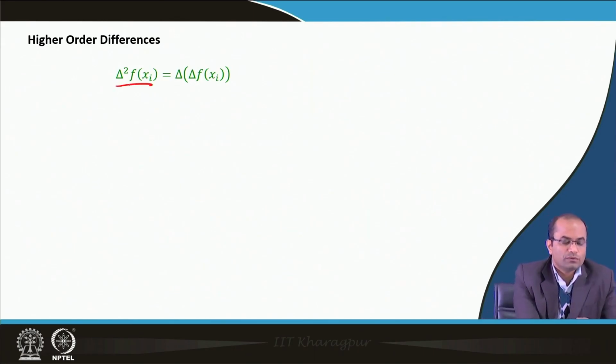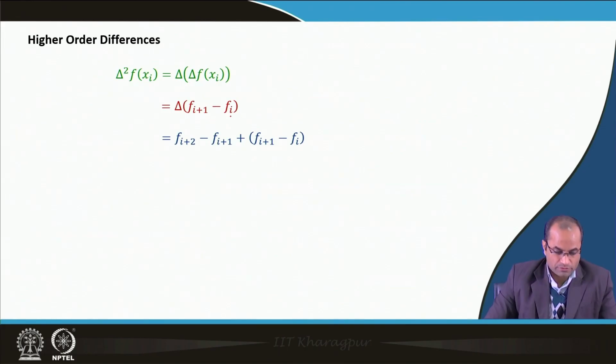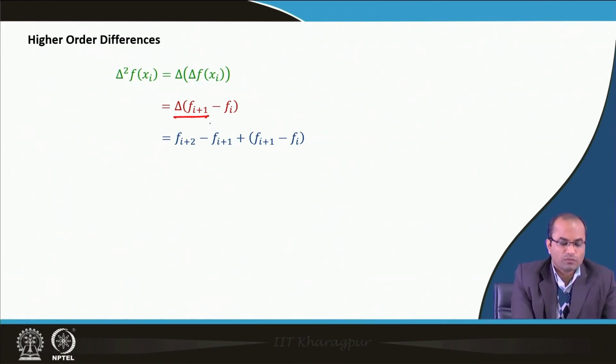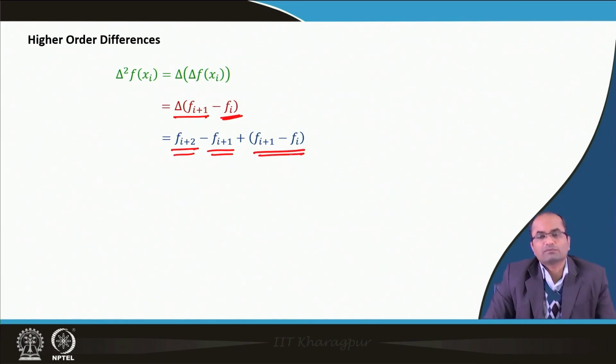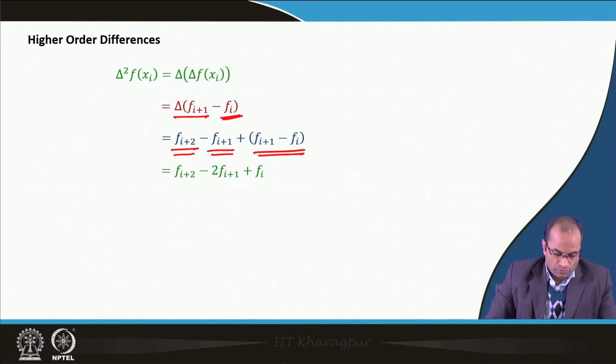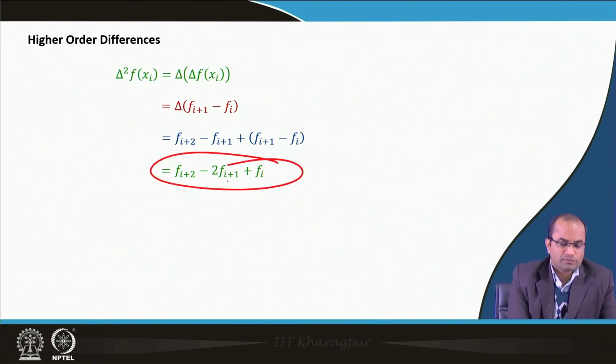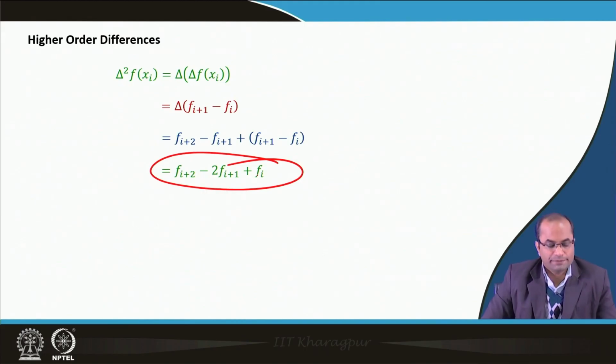For example, delta squared operated on f(x_i) means delta operated on delta f(x_i). Delta f(x_i) is f_{i+1} minus f_i, so we have delta on f_{i+1}, that is f_{i+2} minus f_{i+1}, and delta on f_i gives f_{i+1} minus f_i. So the forward difference operator goes in the forward direction and subtracts the value f_i, which can be written in this form: f_{i+2} minus 2 f_{i+1} plus f_i.